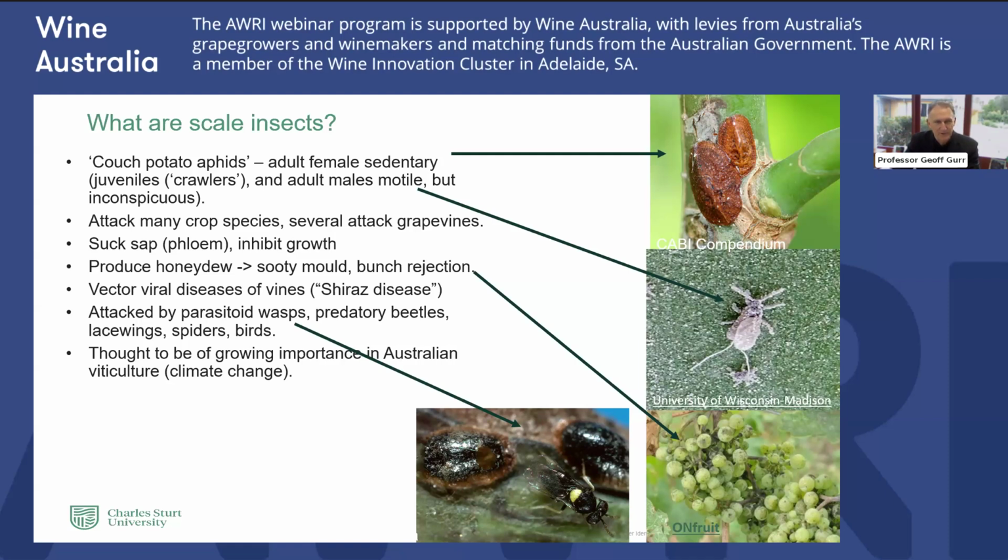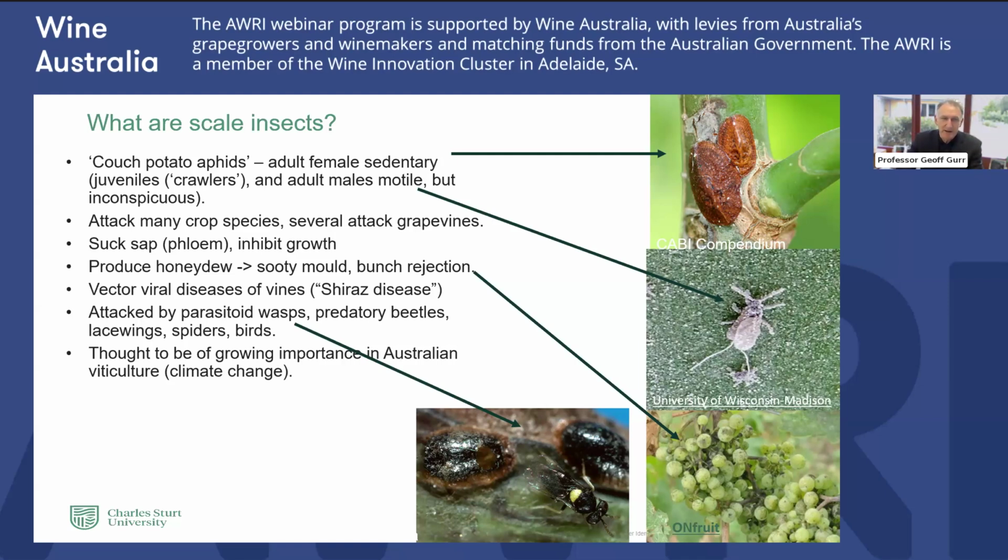And so they end up having to excrete very large amounts of the excess sugars in the form of honeydew. And the honeydew that's excreted by these insects can form a sticky layer over the plant surfaces, and that's colonized by sooty mold and can lead to bunch rejection.